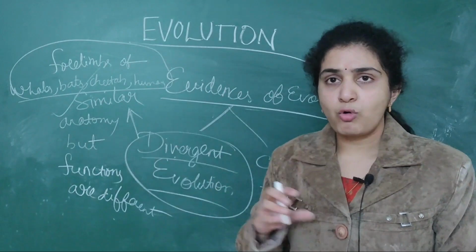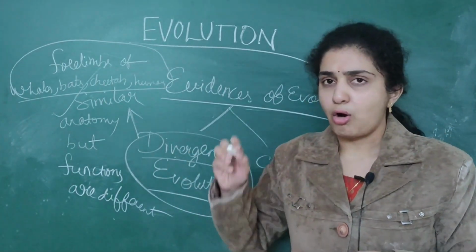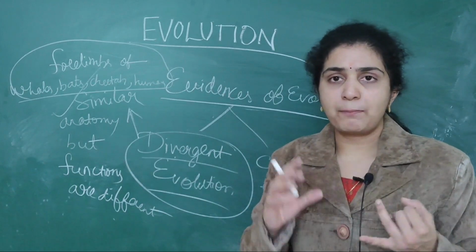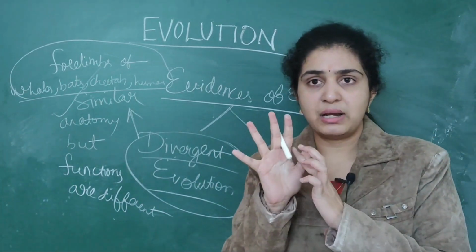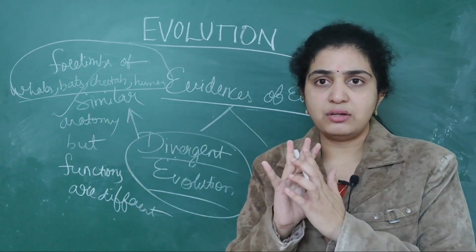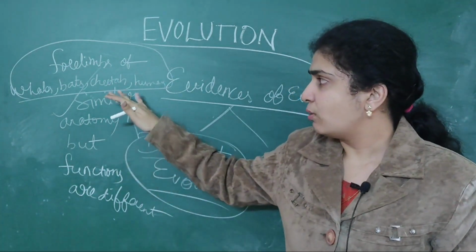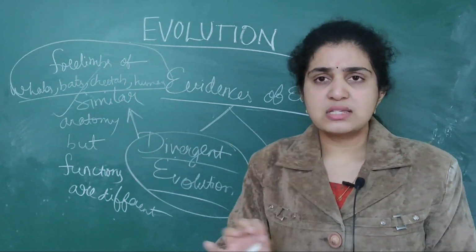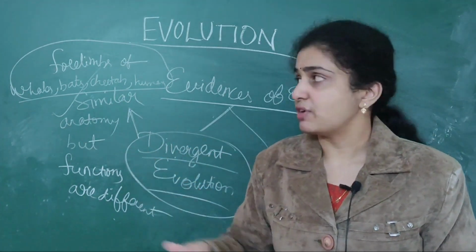All forelimbs will appear similar when you see them. All will have carpals, metacarpals, and phalanges. Carpals are the wrist bones, then metacarpals, these five, then phalanges, these three, which you will be able to differentiate. So they all have the same bones, the same anatomy, but their function is different.